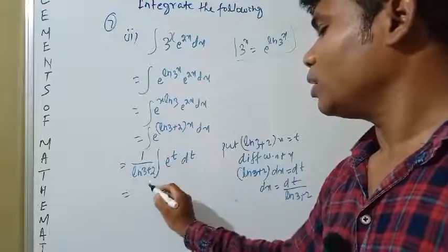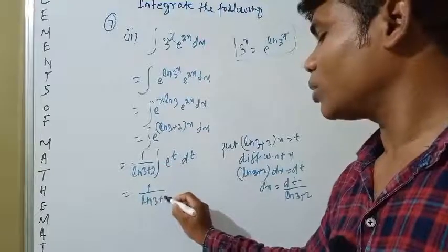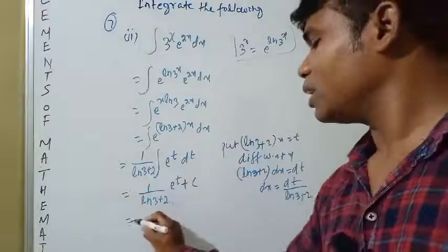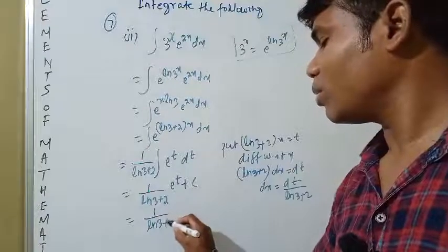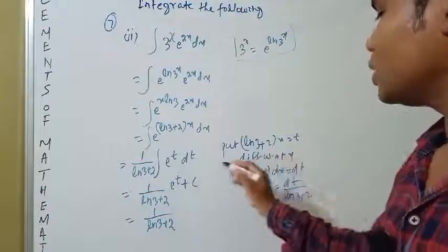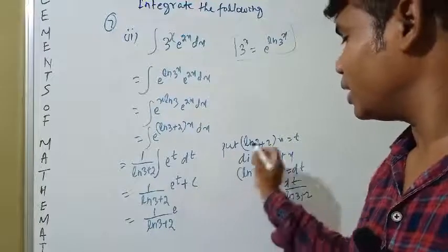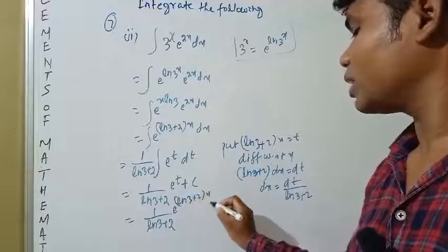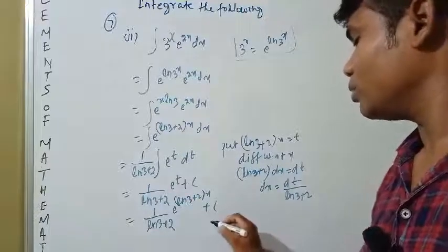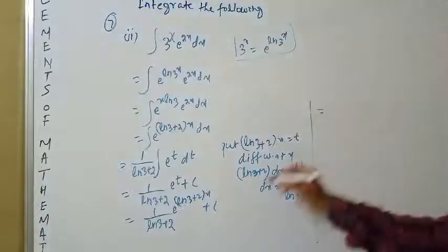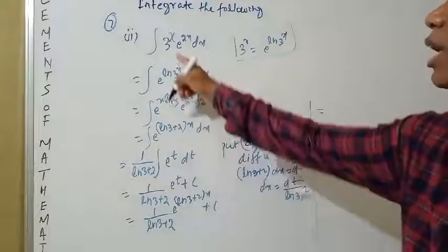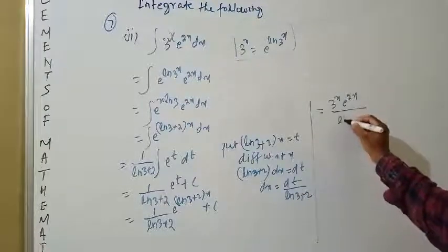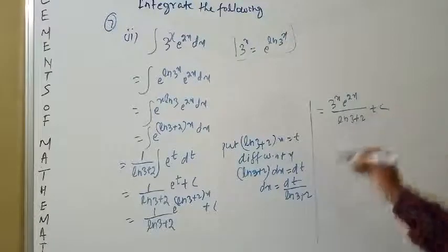So 1 by ln 3 plus 2 integration of e to the power t, that is again e to the power t plus c, is equal to 1 by ln 3 plus 2 e to the power t. e to the power t is equal to e to the power ln 3 plus 2 x plus c. Here you write, this is originally 3 to the power x e to the power 2x by ln 3 plus 2 plus c.